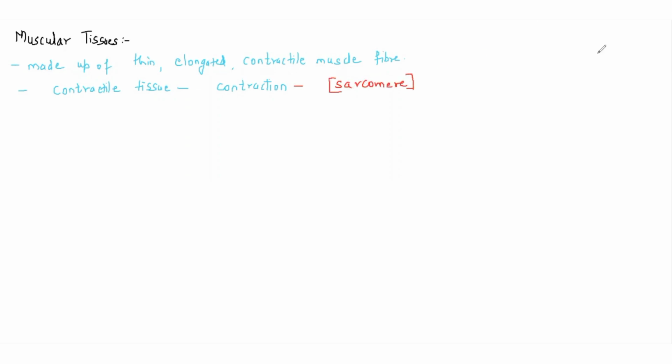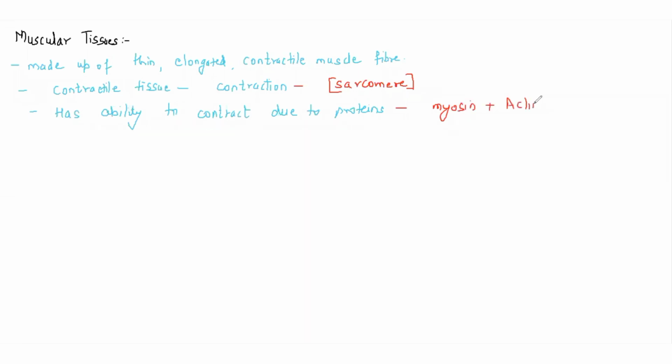When we talk about muscular tissues, they have the ability to contract, and it is contracting due to protein. There are specialized proteins present in our muscular tissue, and those proteins are myosin plus actin.